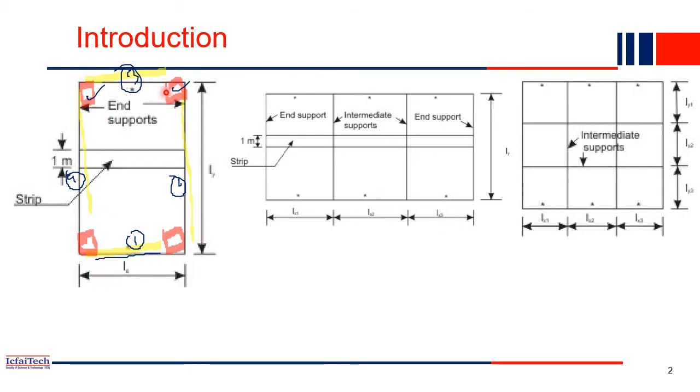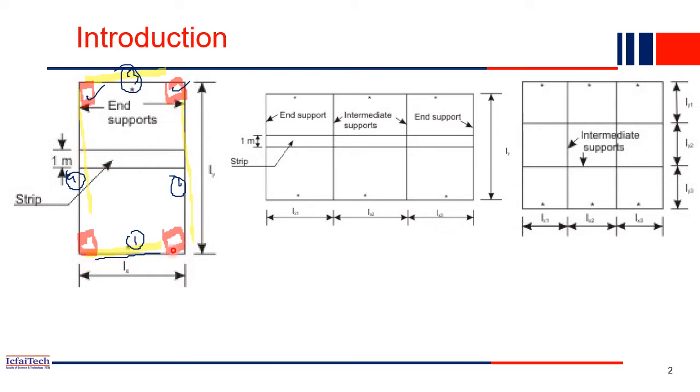So this is one slab. If you see, one dimension is less compared to the other. Ly is the length in the y direction, Lx is the length in the x direction, and these are the end supports. This is a very simple case where only four beams are there and the slab is resting on them.